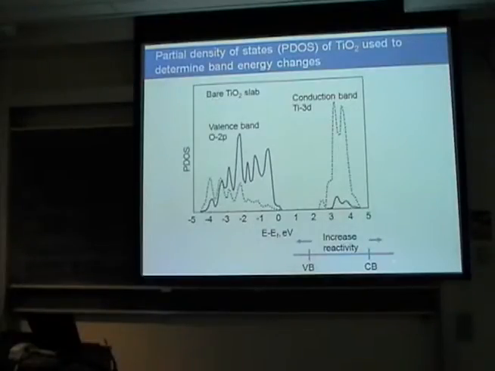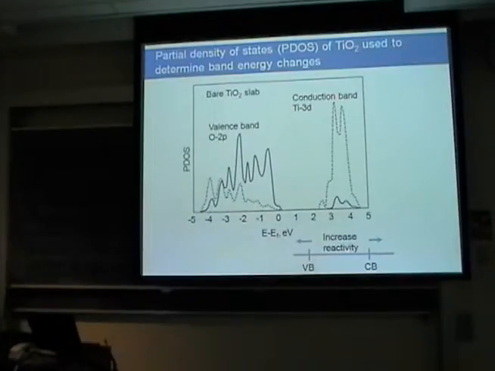And so the position of these bands is important, and it's not just the gap that's important. So we have the two half reactions, and the oxygen reduction reaction has to occur below the conduction band. The further below the conduction band it is, the higher the overpotential, and so the faster the reaction will go, just as in an electrochemical reaction.